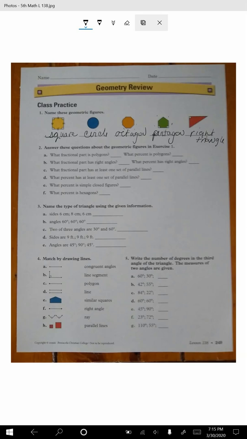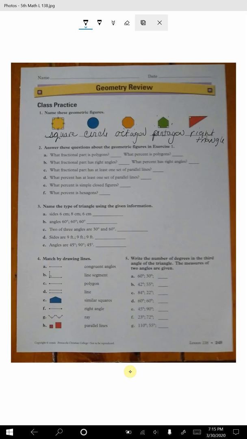All right, so what fractional part is polygons? Okay, remember, polygons are just simple, closed figures made out of line segments, if I'm remembering correctly. So I think all of them are made with line segments except for our circle.